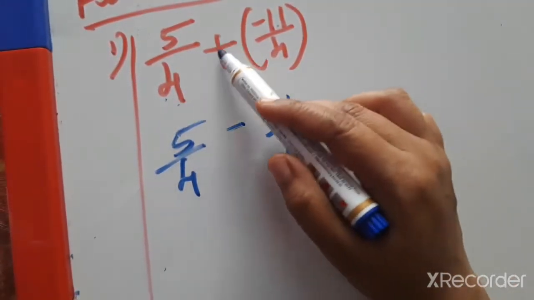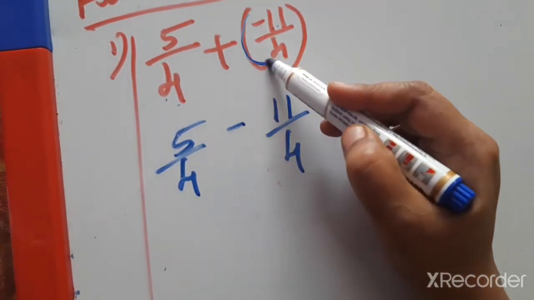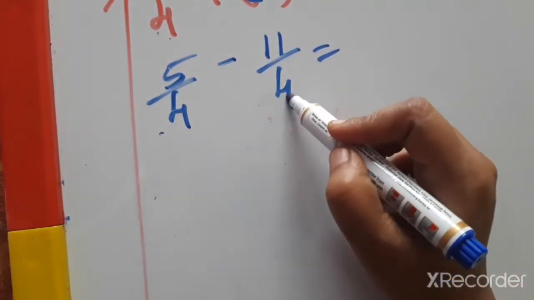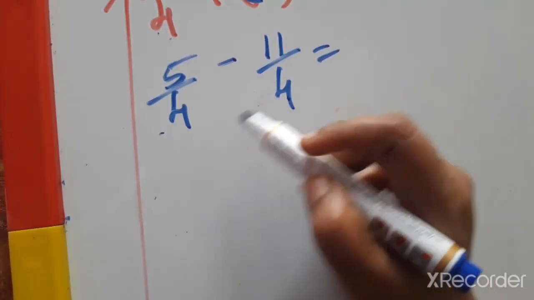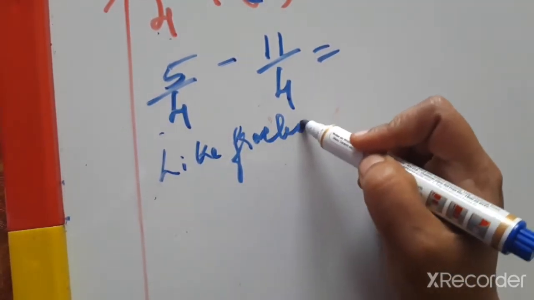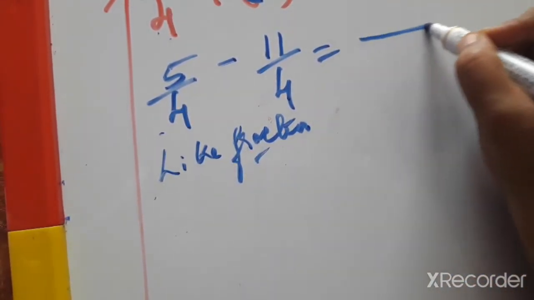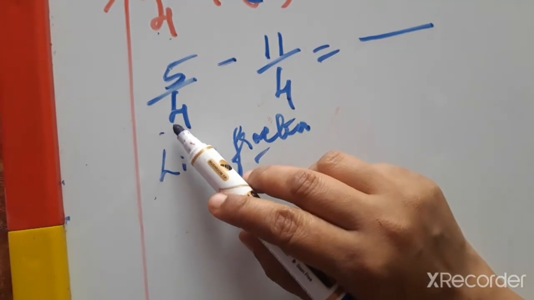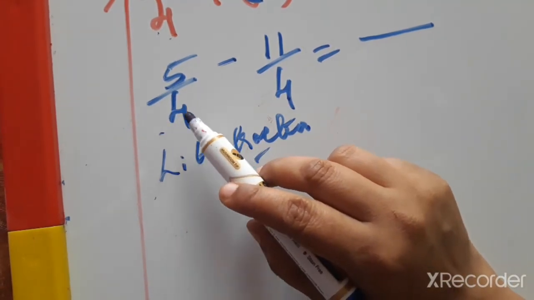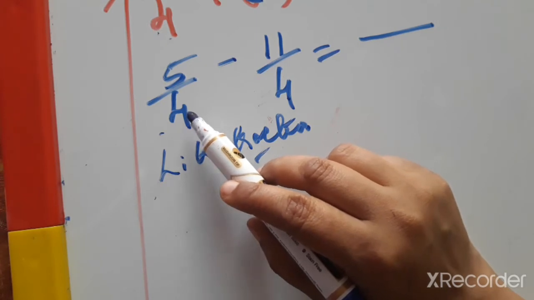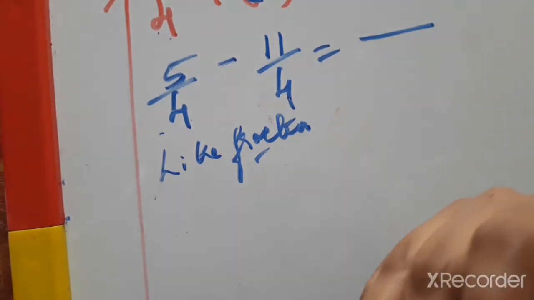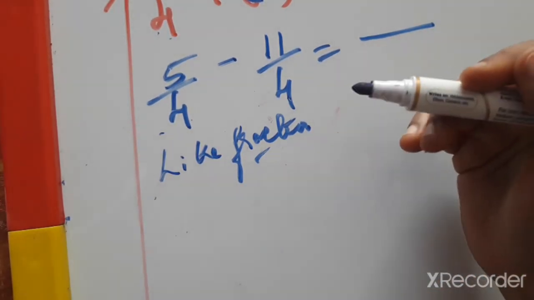Now the denominators are the same, so it is a like fraction, or like rational number. Only like fractions we can add or subtract directly. If it is an unlike fraction, we have to find the LCM of the denominators and convert it into a like fraction, then we can add or subtract it.